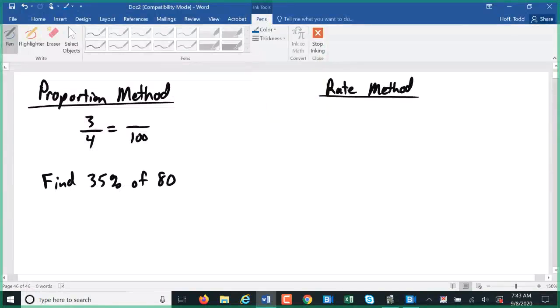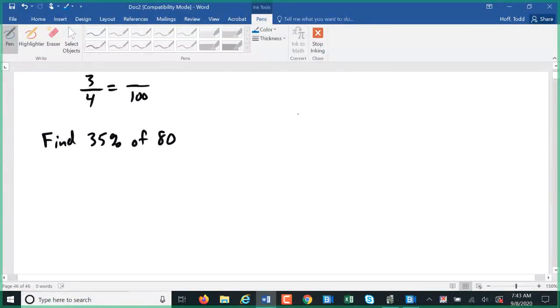To do this, first I always start with the percent. 35% means 35 out of 100. Now, before we continue here, let's take a look at what those two numbers mean. The 100 here is actually significant. That 100 means the whole thing, or what we refer to as the base amount.